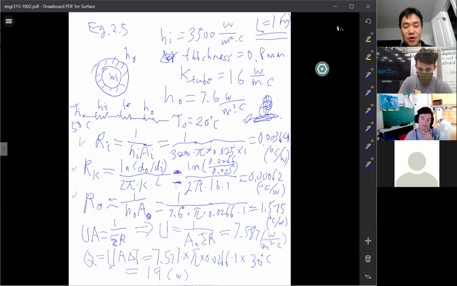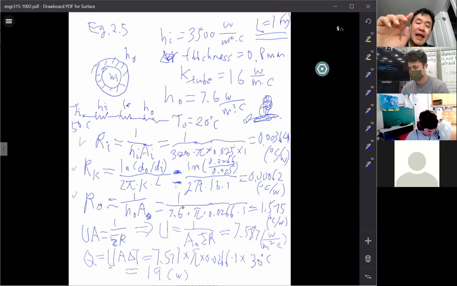Just remember this, then you can totally forget whatever you learned in chapter 1, kA delta T over delta x, or hA delta T. It will be included in this simple equation, delta T over the summation of R. That's your heat transfer rate. That's the beauty of it.